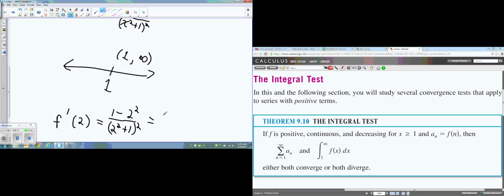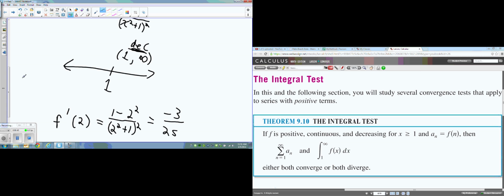So that's 1 minus 4 over, 2 squared is 4, plus 1 is 5, 5 squared is 25. At any rate, this is negative, which says that the derivative is negative here. So the function would be decreasing on this interval. We know that the function is decreasing on the interval from 1 to infinity, which is exactly what we need to use the integral test.